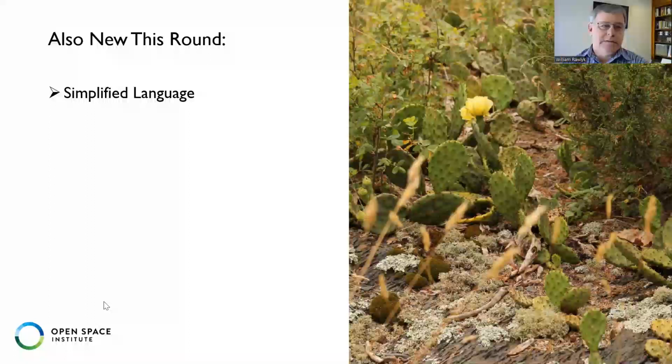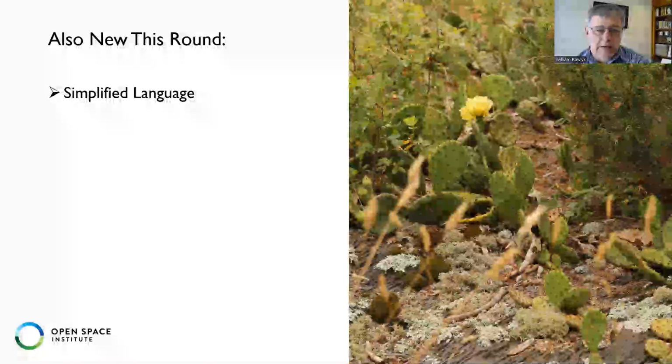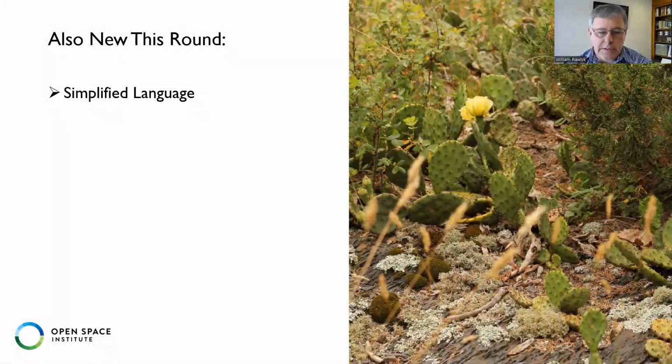So some other new things in this round are that the overall process is the same, but we have made some changes to simplify some of the content and provide additional guidance to applicants. There is now simplified language in our materials and less need for applicants to do their own science analysis for forest carbon and geophysical settings, although we still recommend that you understand how this analysis is done on your own.